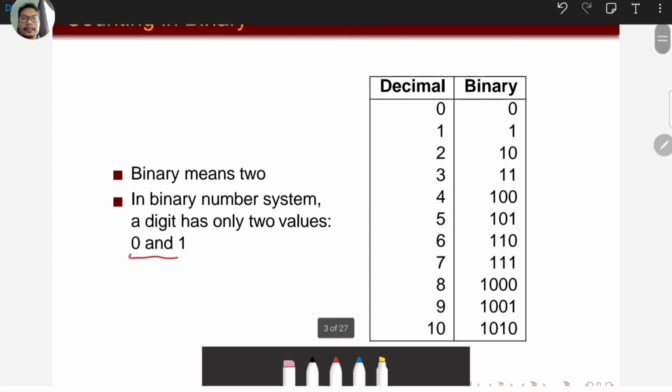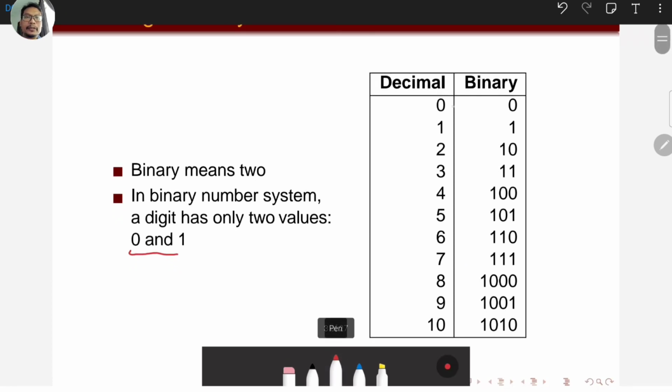For example, here in this table, if we want to represent the number 0, we can use one bit, or one value, or one wire, where you can give a value of 0. If you want to represent the number 1, we can give a VDD or a voltage supply on the line, where we say it's a logic 1.